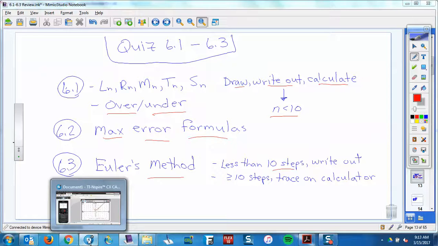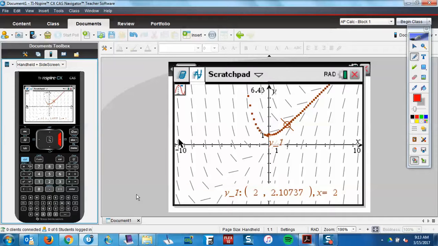So let's say we had an integral. Let's say we wanted to find the error bound for, let's say, T8 for this integral. So let's say we were going 0 to 5. We'll do something simple.